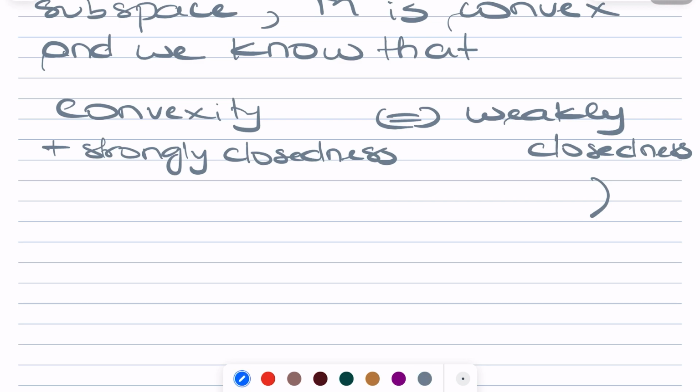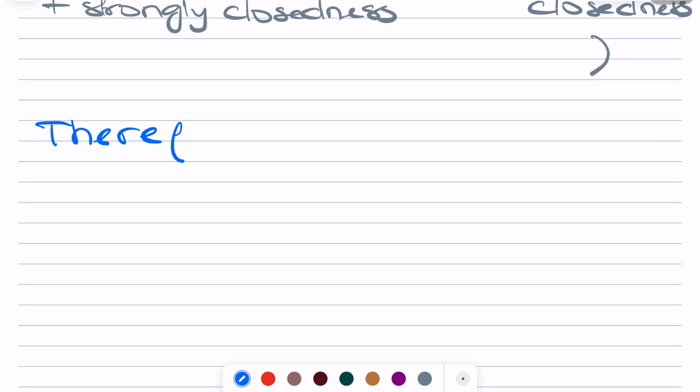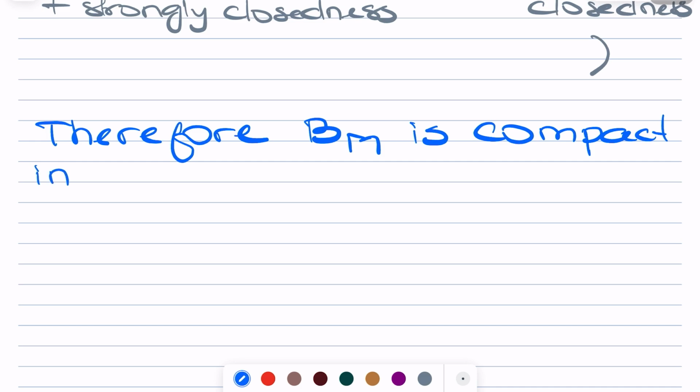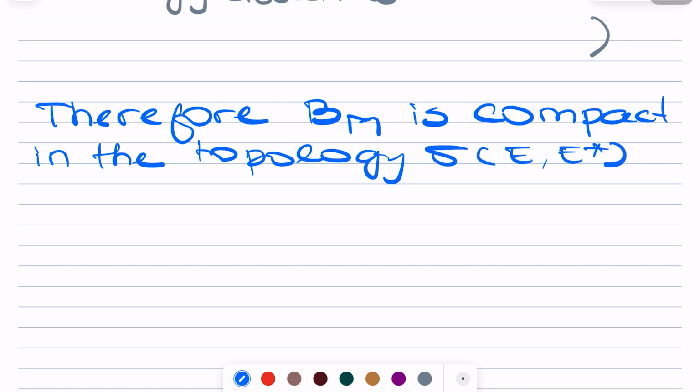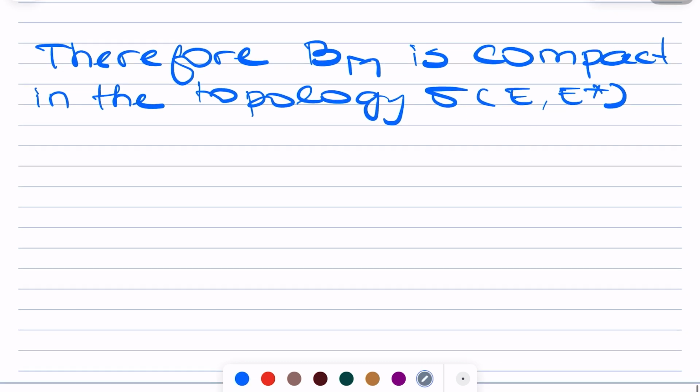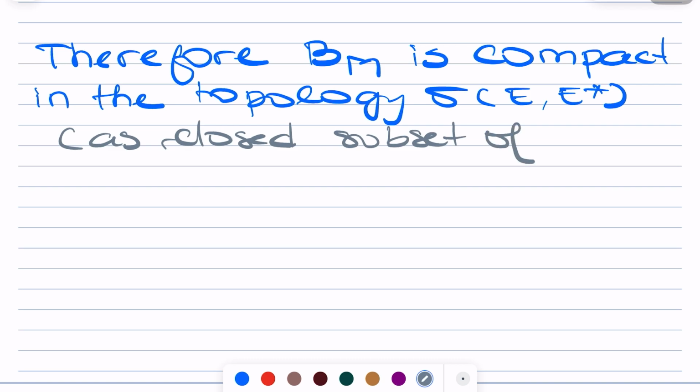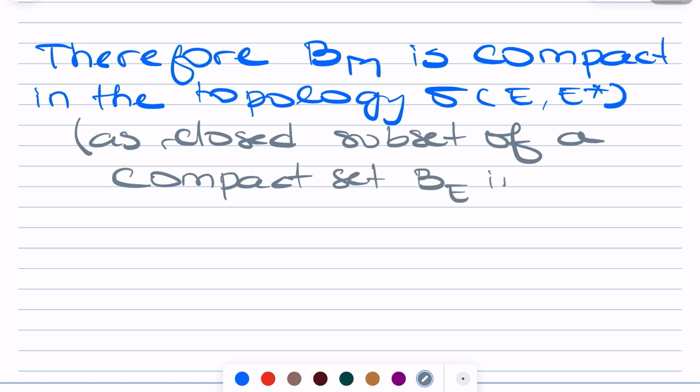So therefore, the closed unit ball in M is compact in the weak topology, sigma E E star, because a closed subset of a compact set is compact in this topology.